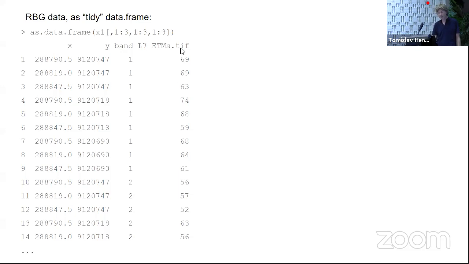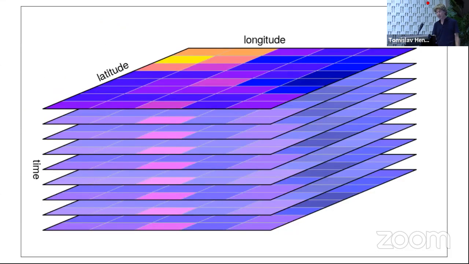And then we have the intensity values for red, which is band 1, and for green, which is band 2, and so on, blue being the third one. So that is the other way that you could look at it, and of course all data you can mold into this form, which has particular advantages and particular disadvantages.